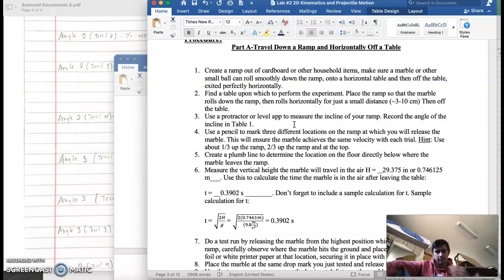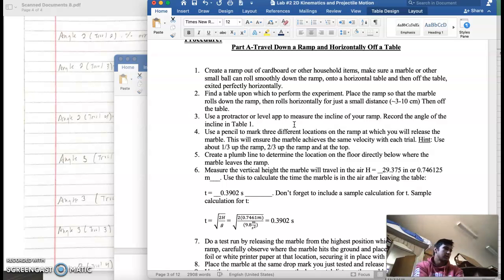Then I set it up near the edge of a table, 3 to 10 centimeters away, put paper on the ground, taped it on, and did a plumb line to get the area right underneath where it left the table for measuring purposes, and then did multiple trials for each spot. The ramp was also at a 50-degree angle.